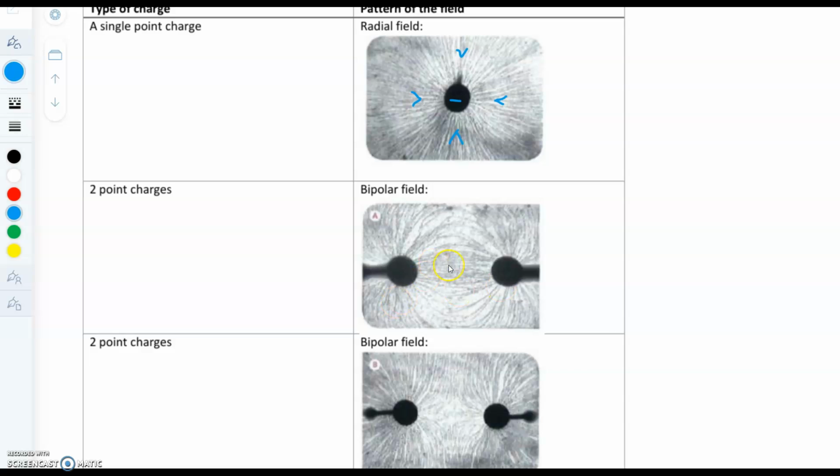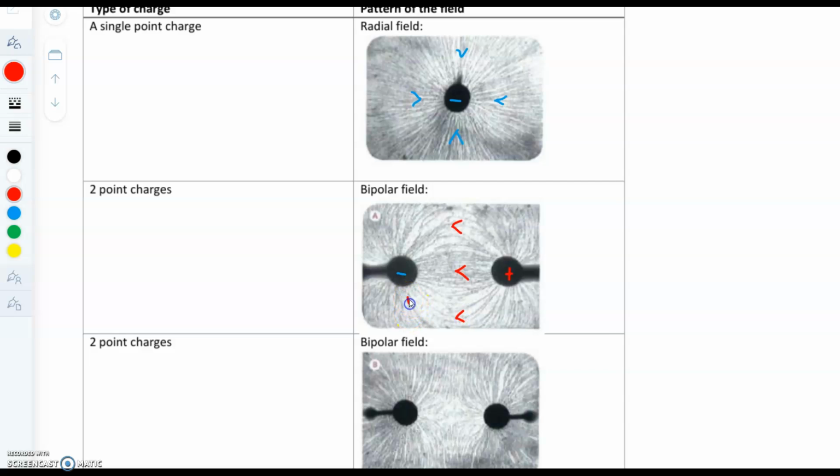If we take this exercise, for instance, if I assume this is a negative one, well, this pattern only occurs if both charges are opposite to each other. The field lines essentially will be going from the positive charge towards the negative charge, like this.